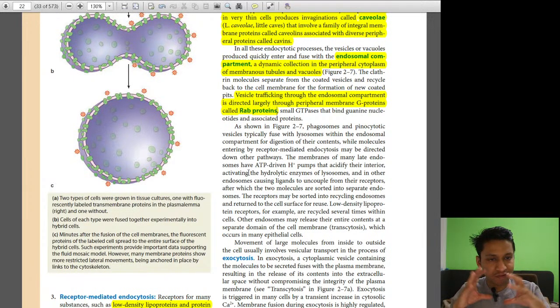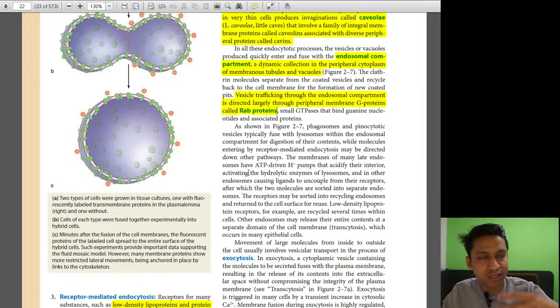Now we have this endosomal compartment where we have a lot of this hormone material, which is directed largely through a protein called Rab protein. What is Rab protein? It is a GTPase. Basically, this protein cleaves the guanosine nucleotide. Let's see now what is important when it comes to Rab protein and what happens next.